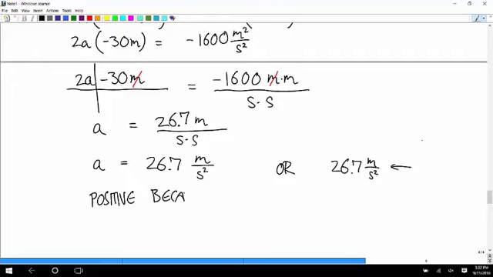So it has to be positive because it's slowing down, and the velocity was negative.